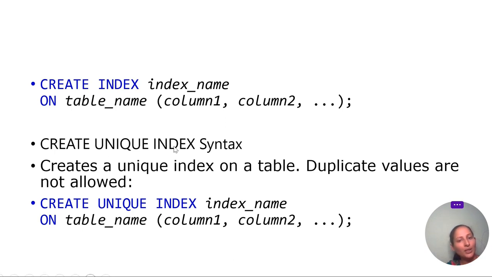If you want a unique index, you can create a unique index on a table, and duplicate values are not allowed. You write: create unique index, index name on table name, column 1, column 2, column 3, up to the nth column. This is create unique index for that particular table.